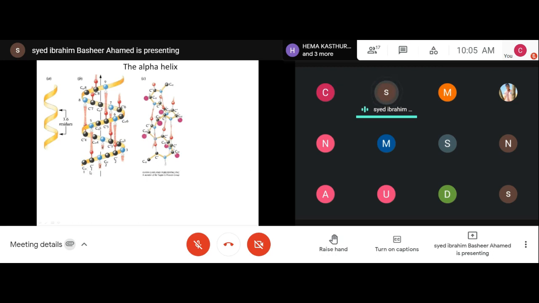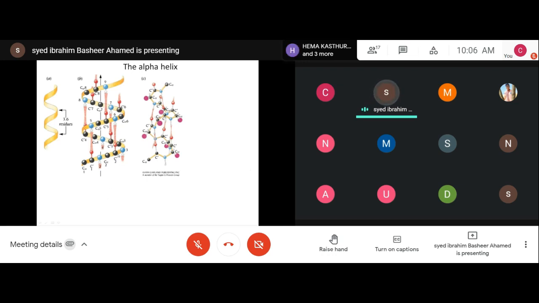So this is N to N plus 4. The fifth amino acid will make a hydrogen bond. Similarly, you can see the nitrogen of the second; if you have a carboxyl group here, it will make a hydrogen bond here.